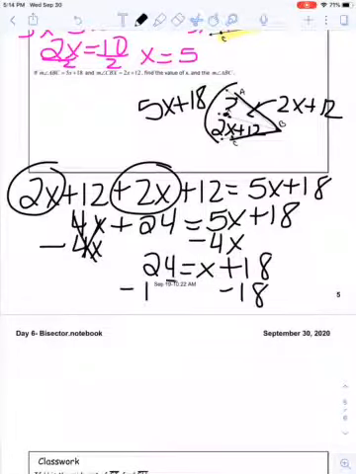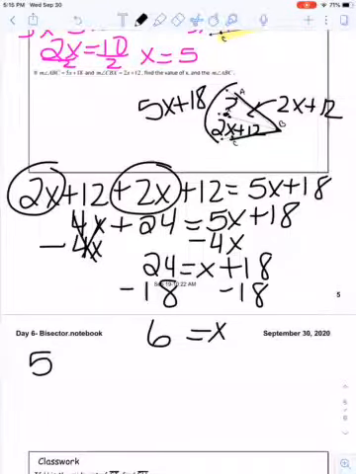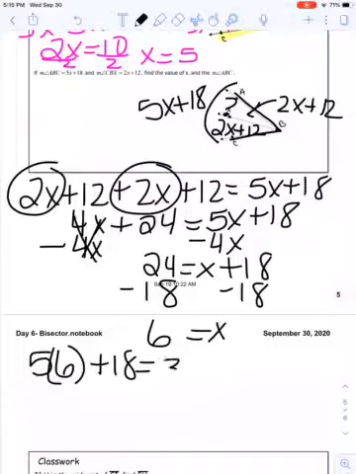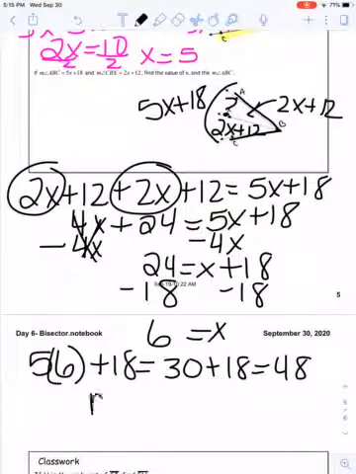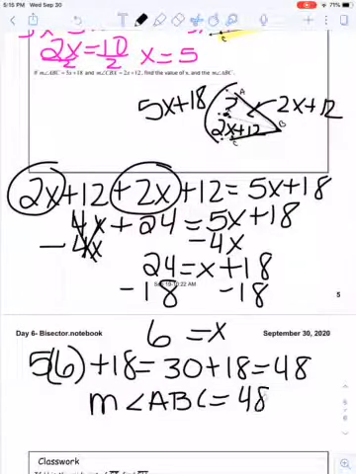Subtract 18. So x equals 6. And then it says, can you find the total angle ABC right here? So I'm going to plug in 6 to here, and I get 30 plus 18, which is 48. So the measure of angle ABC equals 48 degrees.